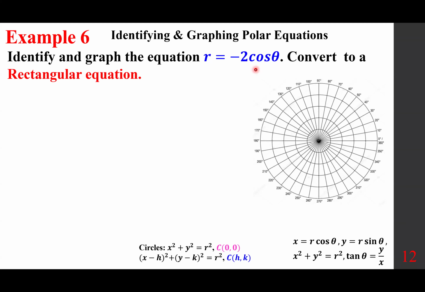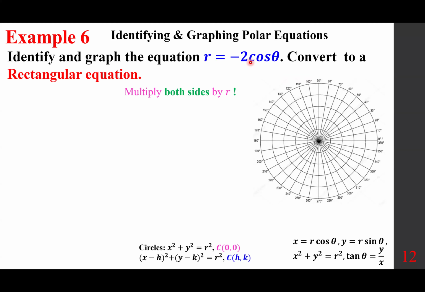In the case of r equals minus 2 cosine theta, we want to convert it to a rectangular equation. We use the same technique. If we have r and sine or cosine, makes no difference, the technique is to multiply both sides by r. This becomes r squared.